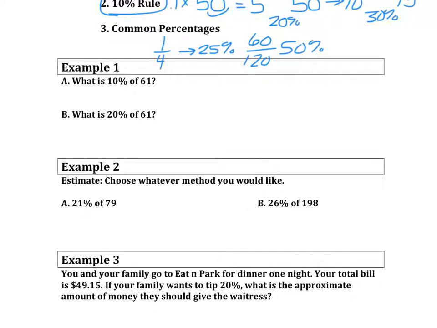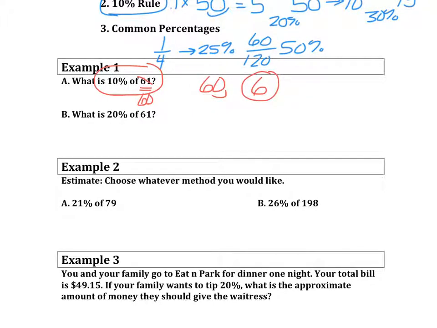So looking at example 1, we're going to use common percentages here. And, well, kind of a mixture of everything. 10% of 61. 61 is not a great number to use when we're estimating, so let's round that to the nearest. You can do the nearest whole number or nearest 5, depending on what makes sense. In this case, 61 is very close to 60, so we're going to call it 60. 10% of 60 is just taking 60 and moving the decimal place once, so it's 6.